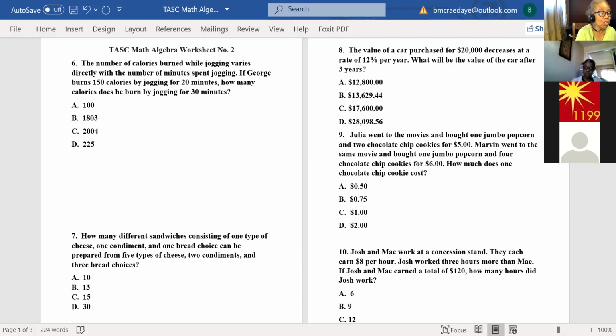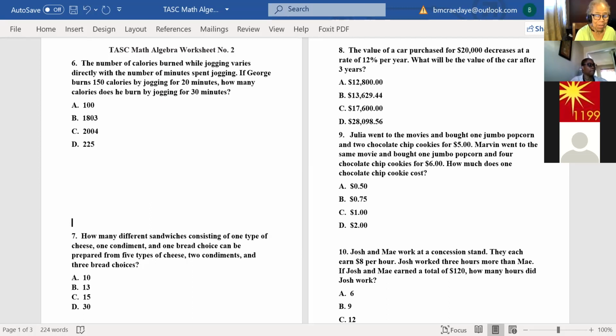That's right, because you could say 150 calories for 20 minutes. Half of that would be for 10 minutes, 75, right? So for 30 minutes, it would be 3 times 75, which is 225. So you could do it like that, or you could do it as a ratio and proportion.